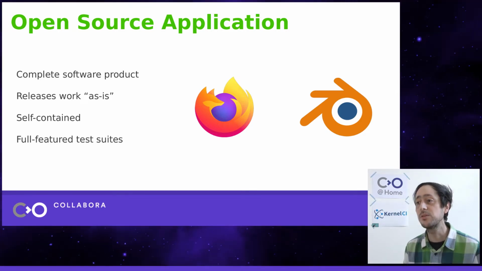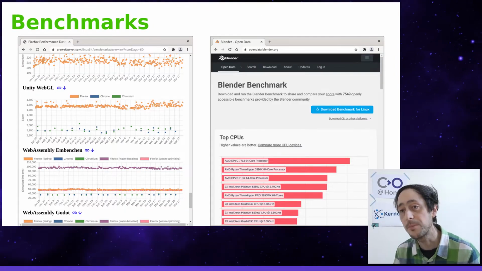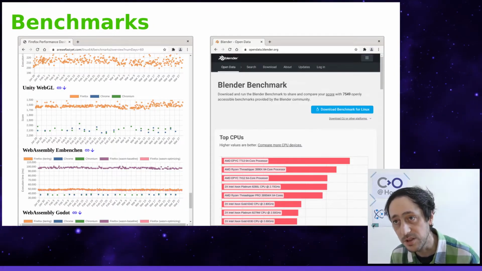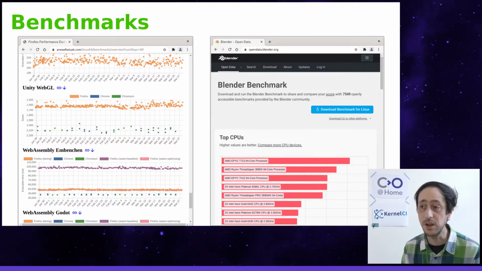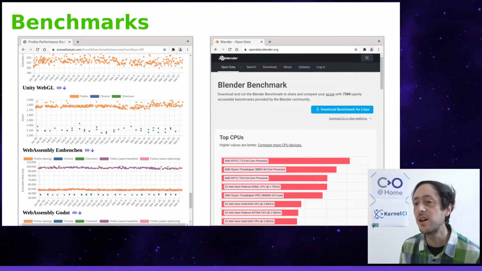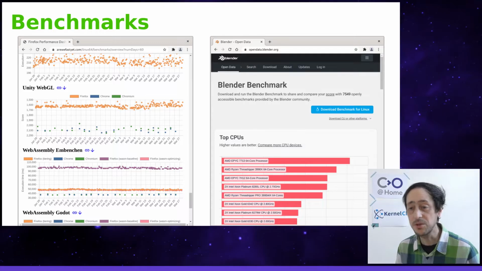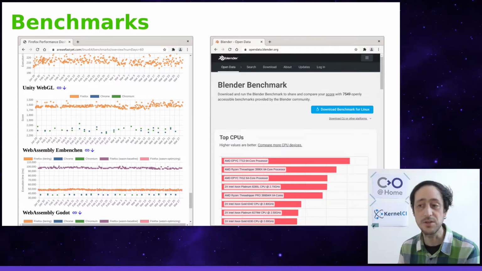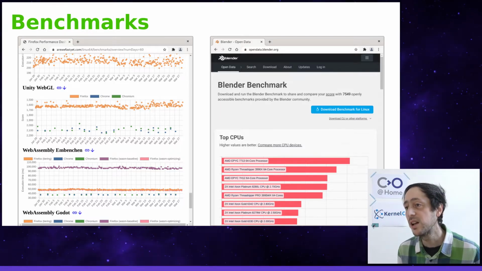And actually I haven't found exactly test results, but I've found benchmarks. So there's a website called arewefastyet.com, which has a link from the Firefox wiki page about testing. So you can see it's running benchmarks with Firefox and also with other web browsers to compare the performance between the different web browsers.